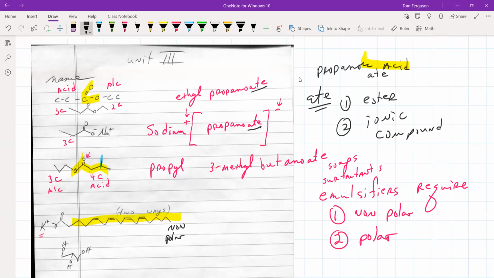And this part is very polar. So it's an emulsifier or soap. Okay, does that make sense?